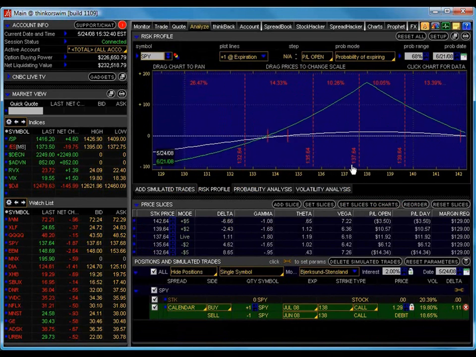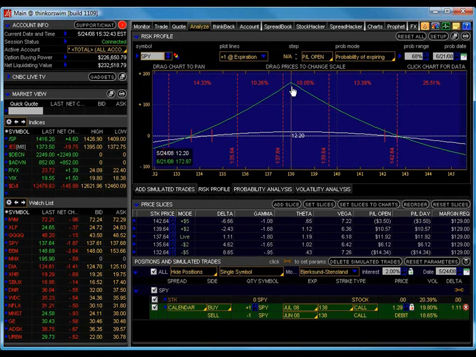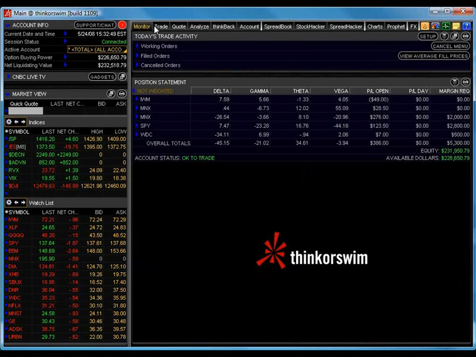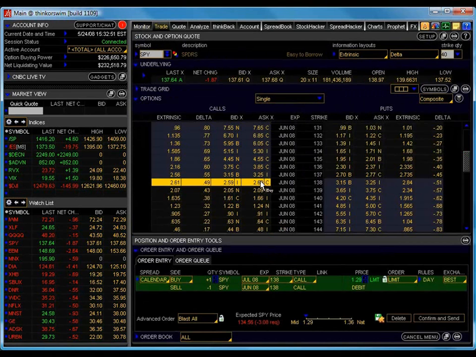The maximum profit is if it continues to be right at the center. Then we'll collect the maximum amount of profit from this position. The maximum profit is achieved at 138 because that is the option that we sold, and it also has the most extrinsic value, $2.61 in this position.